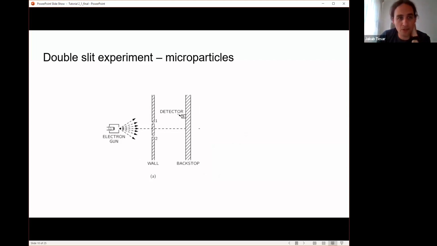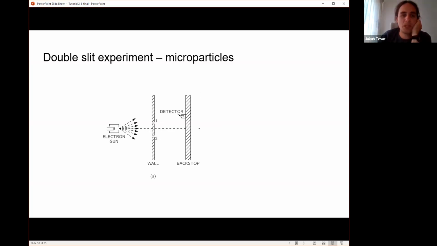We have what's called an electron gun, which is a really nice word, but it's basically some wire which you heat up and it will emit electrons, and you will use an electric field to accelerate the electrons towards the backstop once again. So basically you have the same situation as with the machine gun and the bullets, but we are just shooting electrons now.